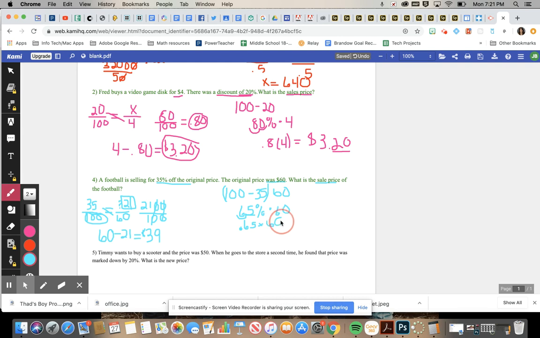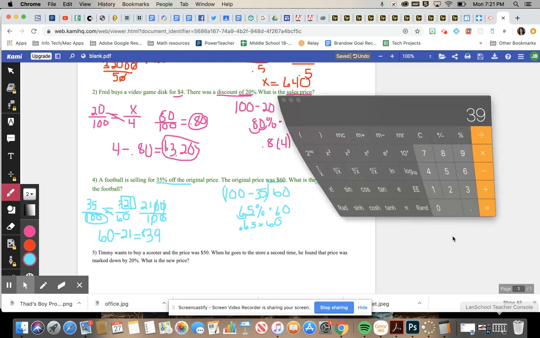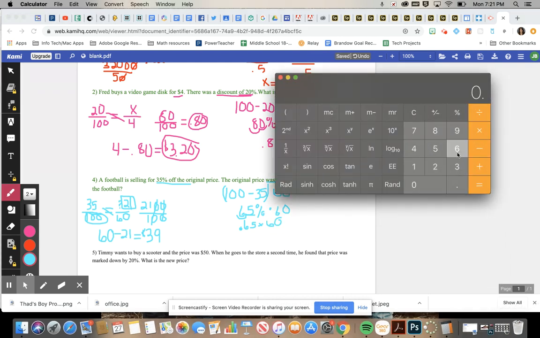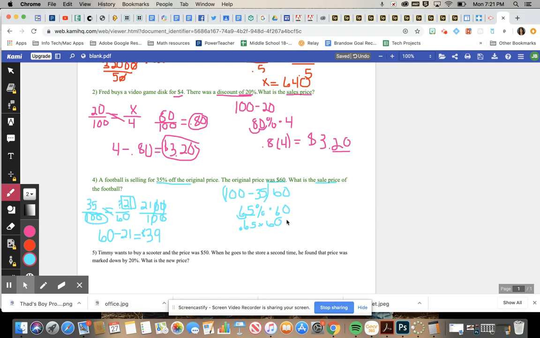And I should, again, end up with $39. So let's check. 65 times 60 is 39. Okay. $39.